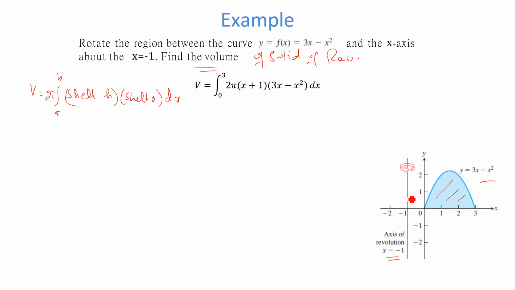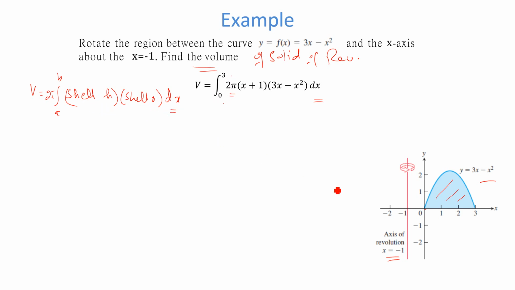Now because we are rotating about the vertical line, there is dx. Here is the 2 pi. x varies from a to b because we have to find the limits of x in the region. So x varies from 0 to 3. So a is 0, b is 3.